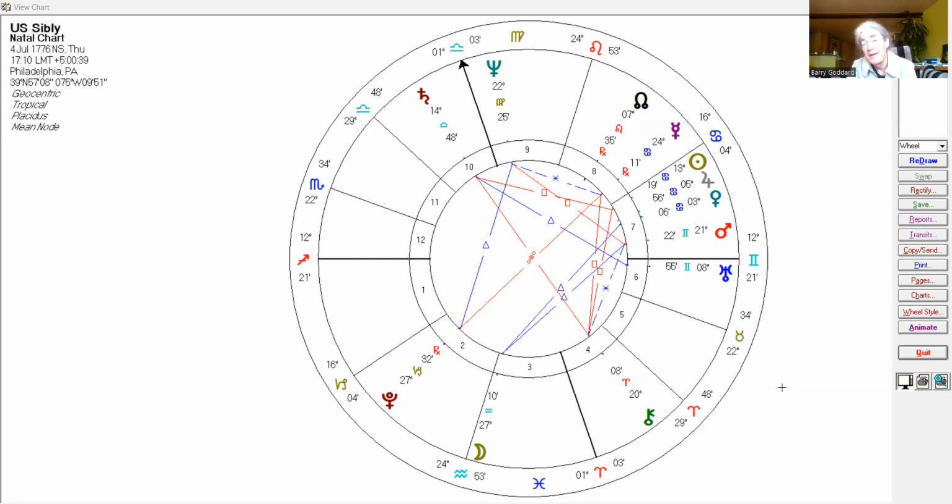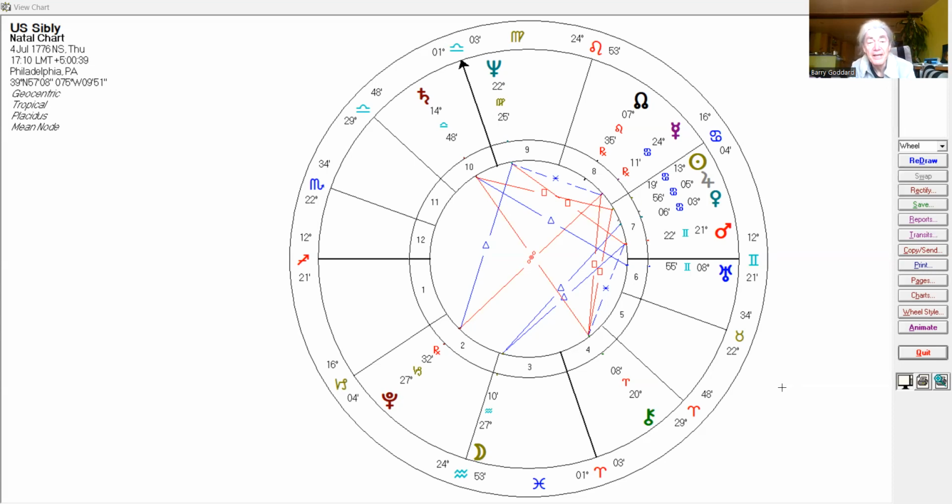So we see that ambivalence about authority in the Sun square Saturn, and also in the Uranus opposite the rising sign. That's said in two different ways. It makes it quite pronounced. Moon in Aquarius in the third. Well, the Moon is the people's chart, and there's democracy for you. Aquarius, it's what the people want.